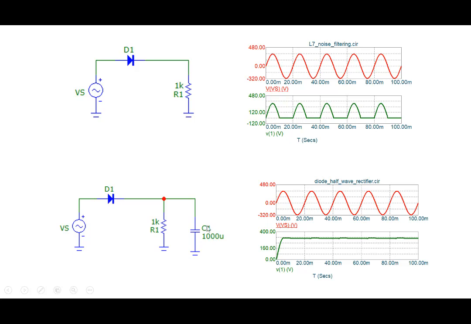The value of the capacitor chosen is a fairly high value. So once it charges up, the capacitor is not able to respond to further changes that you see here, and so it stays constant. Simple explanation for it. A more detailed explanation we'll see later on when we look at diodes and diode circuits. So the capacitor plays a very important role.